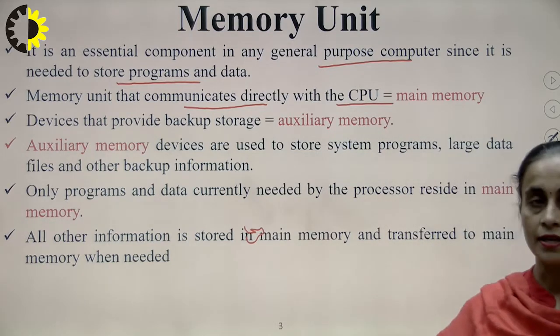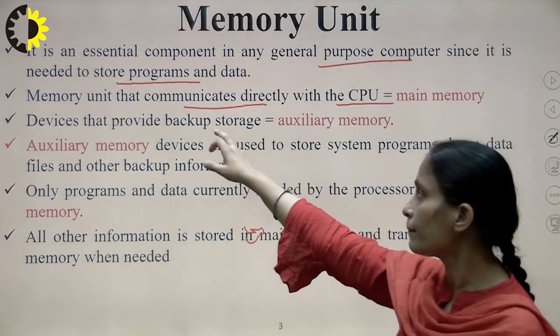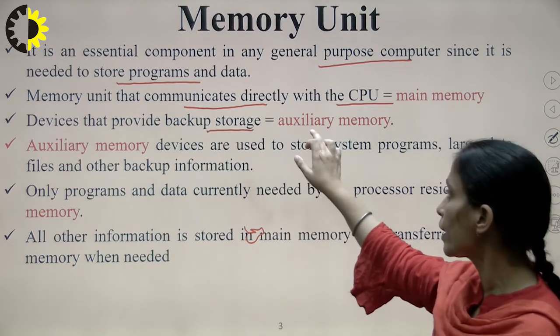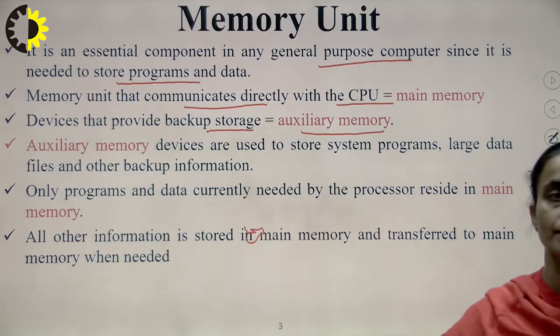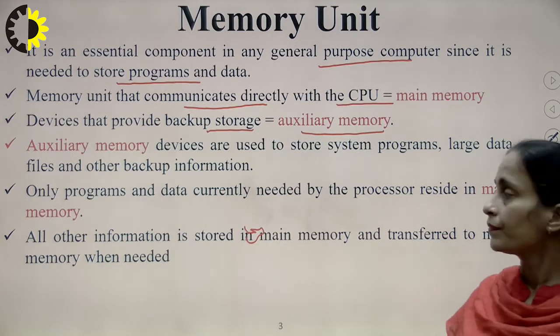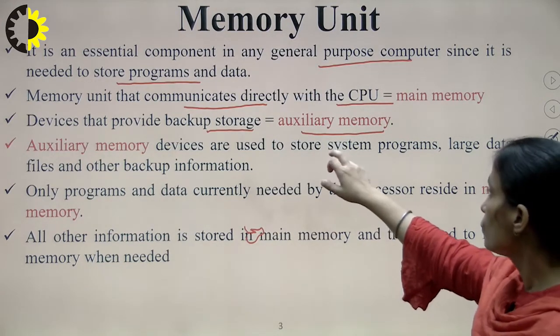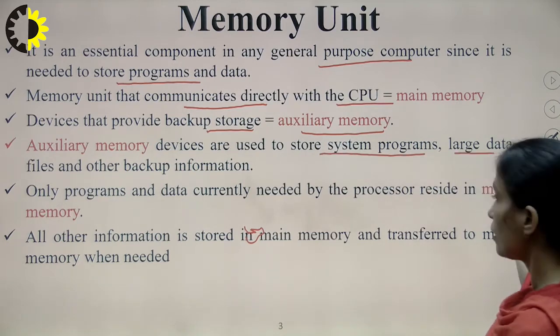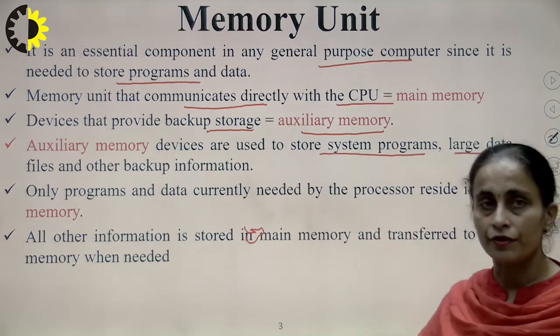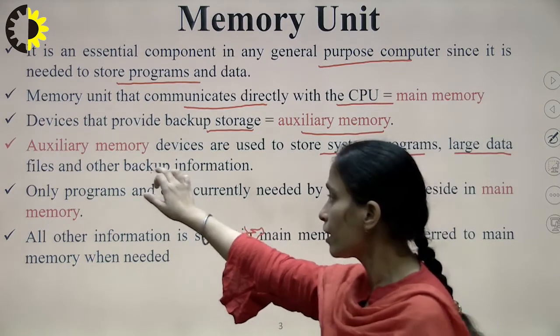The devices that we require to keep our backup storage are known as auxiliary memory, or sometimes secondary memory. Auxiliary memory is used to store the system programs, large data files, or other backup information.